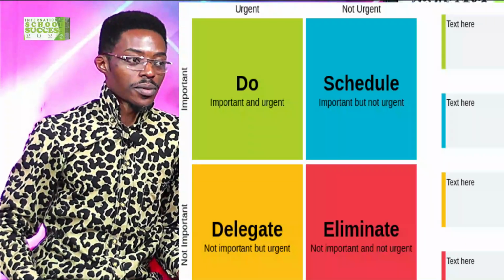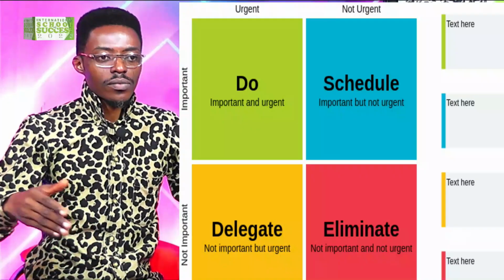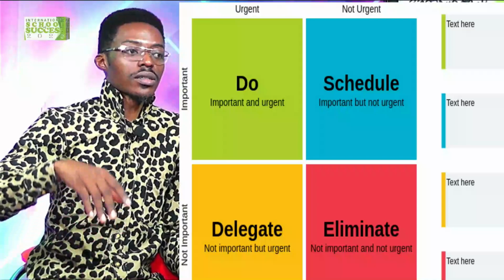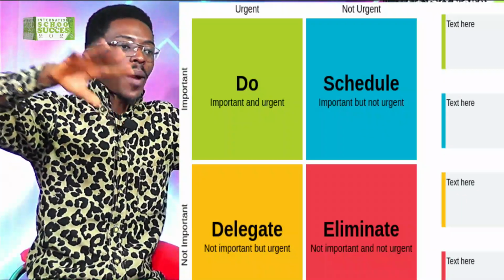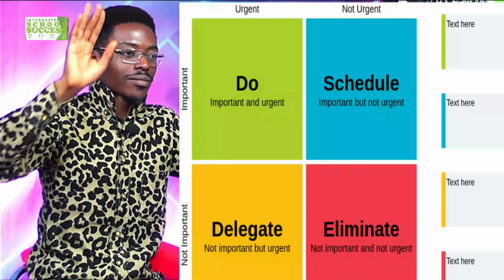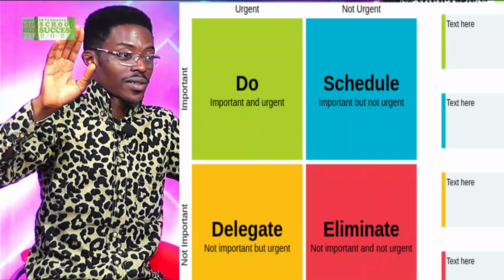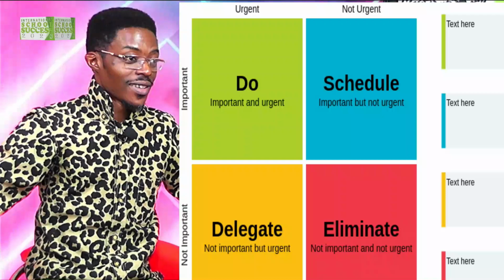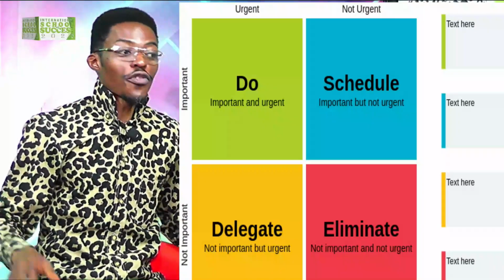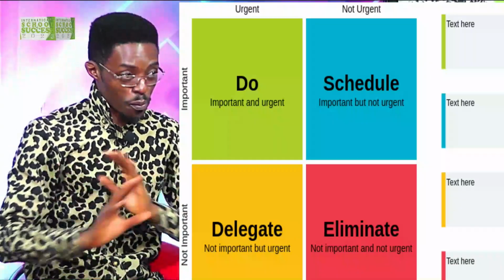For example, I need to pack up some of the things in the backyard and throw out. That is not urgent. And if you look at it critically, that's not very important. Of course, for anything to be on your to-do list, it is important.